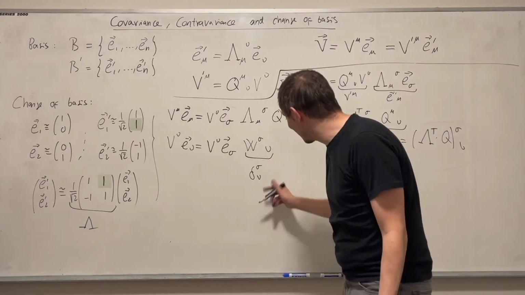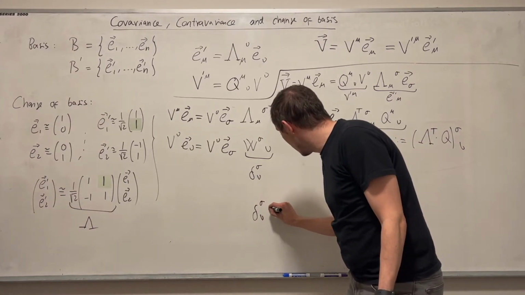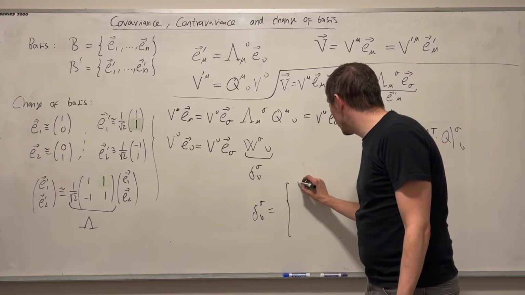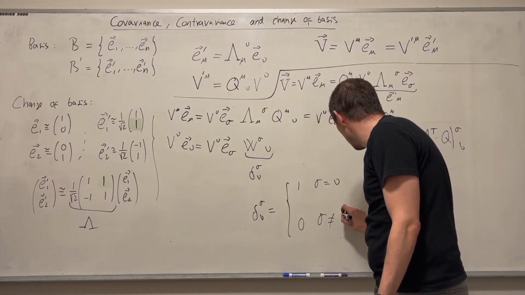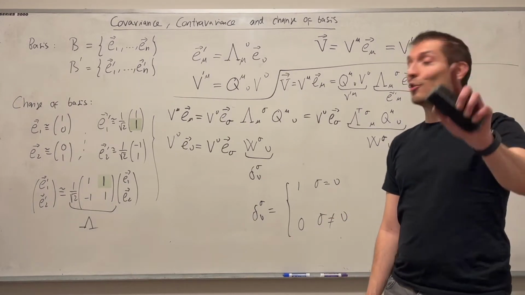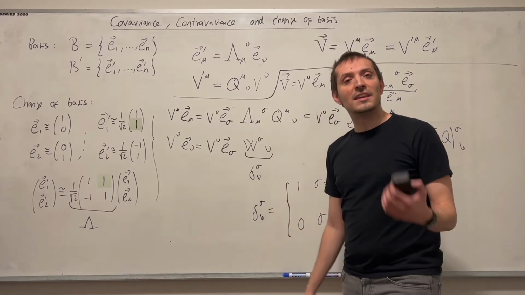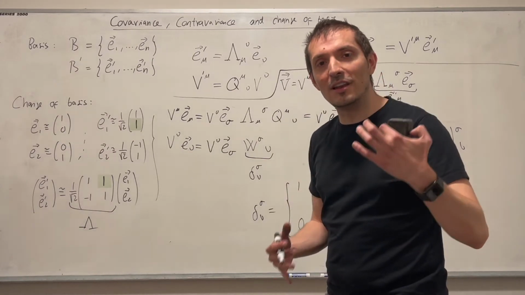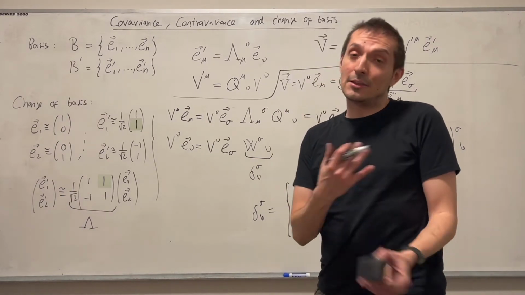Why? Because the Kronecker delta sigma nu, if you define it as 1 for sigma equals nu and 0 for sigma different from nu, is exactly the matrix elements of the identity. Notice that in here I don't respect which index goes first. For the identity, it's going to be the only matrix where I write the indices one on top of the other, and I do it on purpose for a reason.